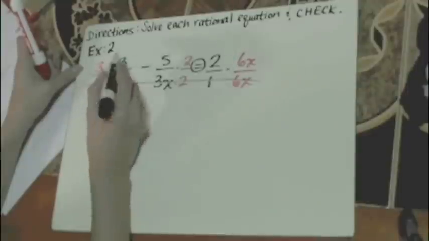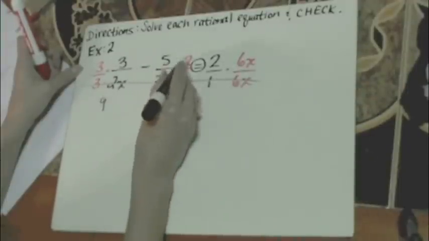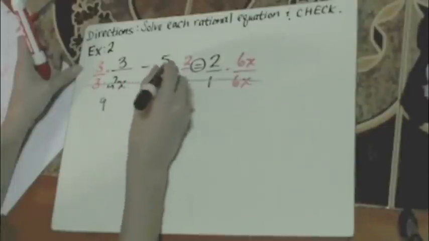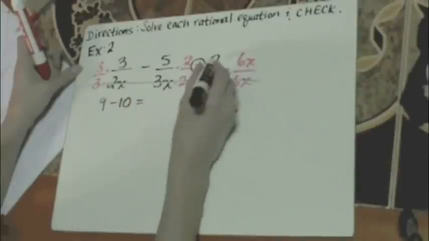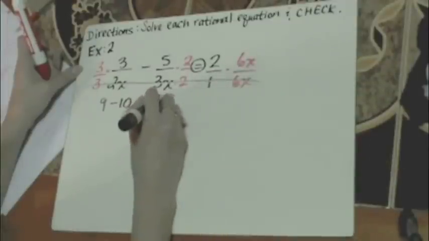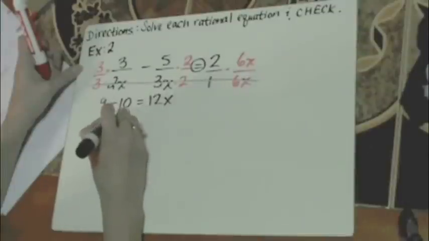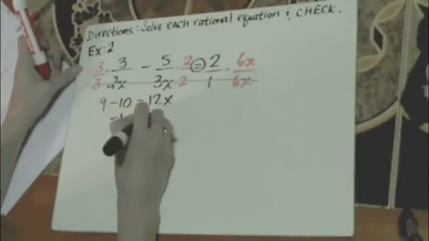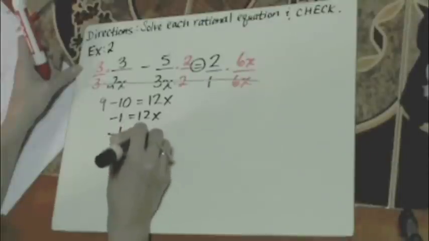So then I've got 3 times 3, which is 9, minus 5 times 2, or a negative 5 times 2, which is a negative 10, is equal to 2 times 6x, which is 12x. So then I got 9 minus 10, which is a negative 1, which is equal to 12x. So then negative 1/12 is equal to x.